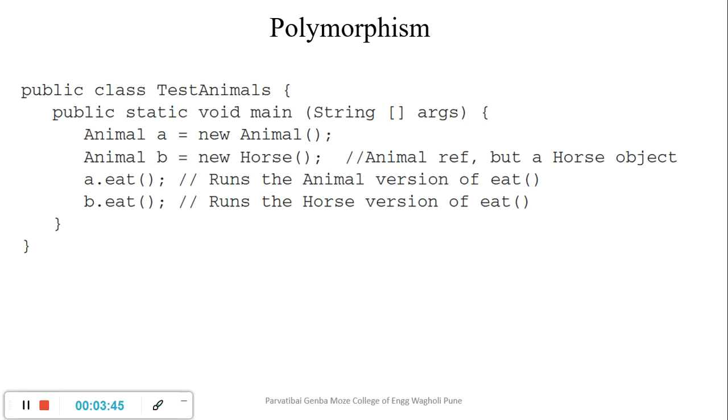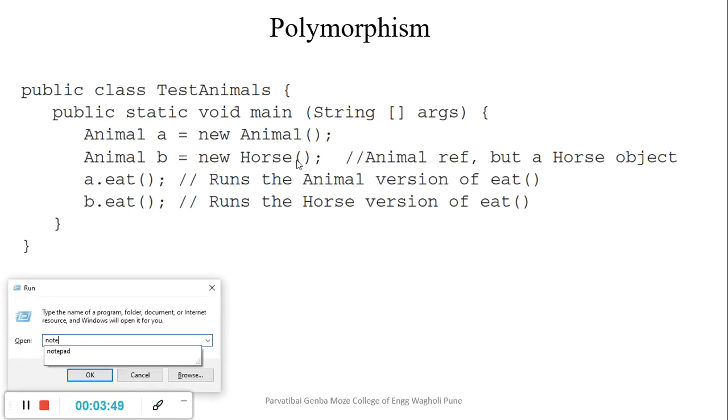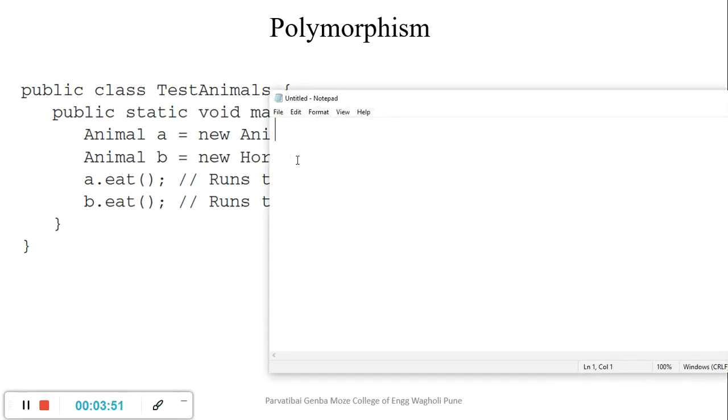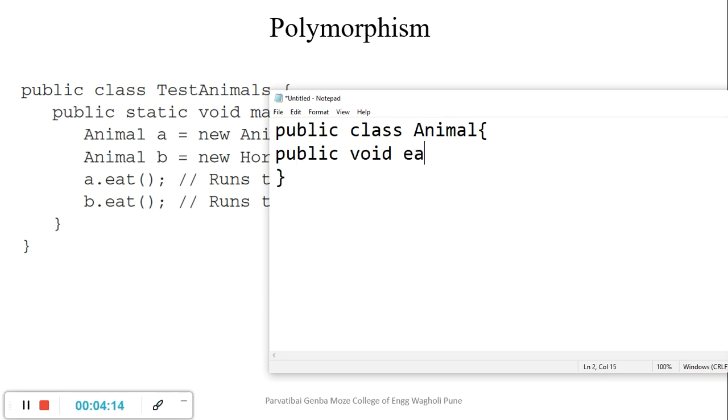We can see this practically. First we will create the Animal class, public class Animal, and in that we will declare one method, eat: public void eat.